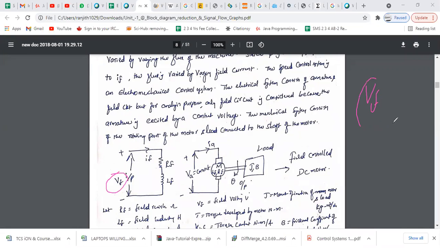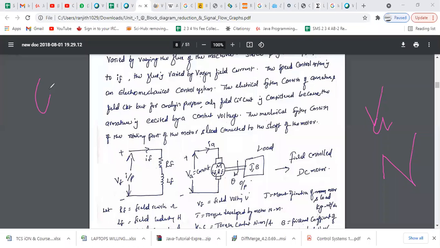So by varying VF, we can vary the flux, and by varying the flux, we can vary the speed of the motor. In the armature control, by varying VA, we vary the speed.